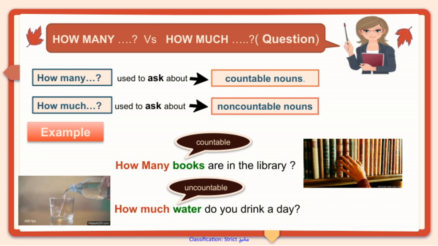The first is for countable nouns, and the second for uncountable nouns. Understanding this distinction helps us communicate more clearly and accurately when inquiring about quantities. So, in summary, remember, uncountable nouns take how much, and countable nouns take how many. That way, your questions will always be grammatically correct and easy for others to understand.